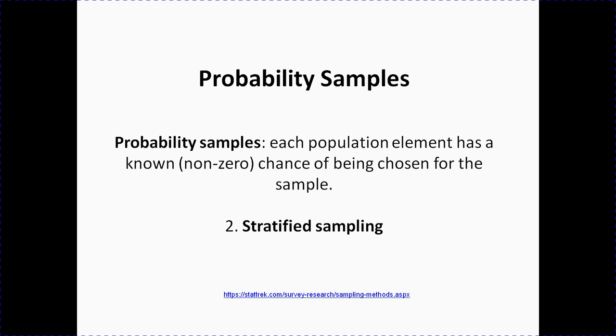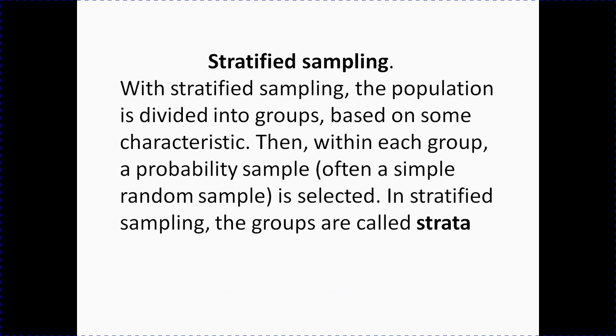So let's find out what we mean by stratified sampling. Stratified sampling means that the population is divided into groups. These groups are selected based on some common characteristics. Then within each group, a probability sample, often a simple random sample, is used. In stratified sampling, each group is called a strata.